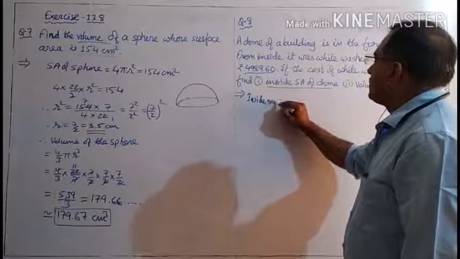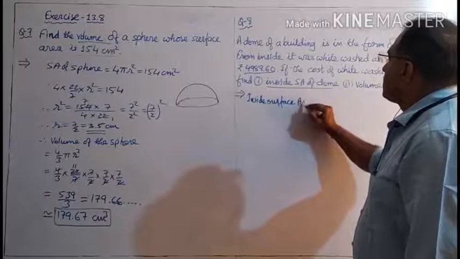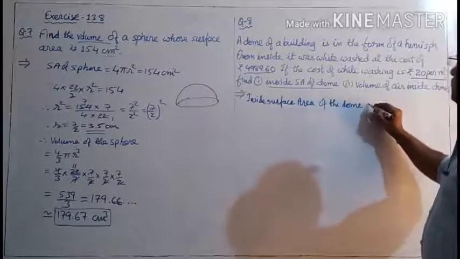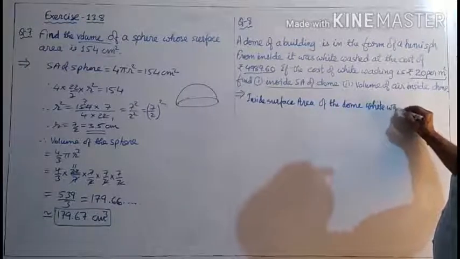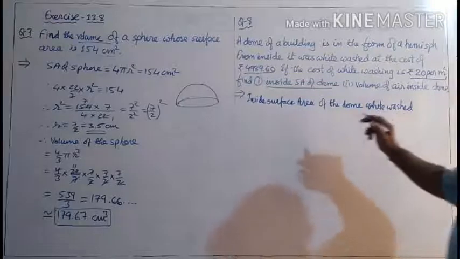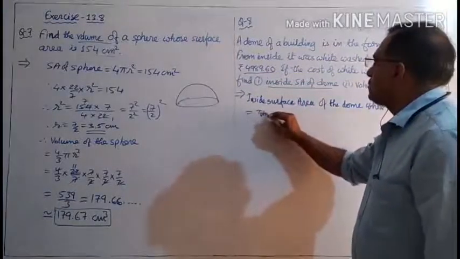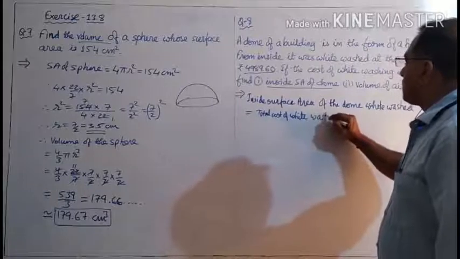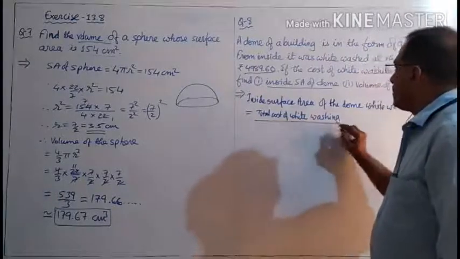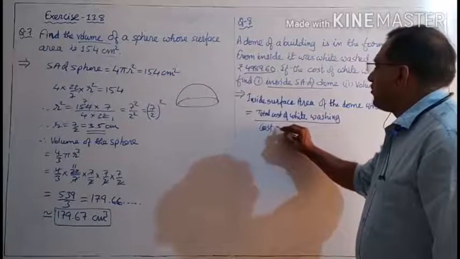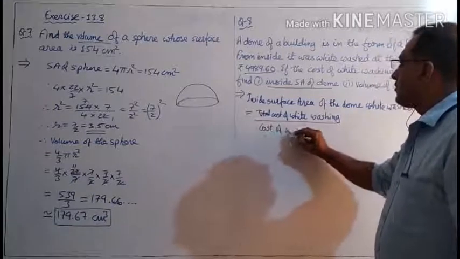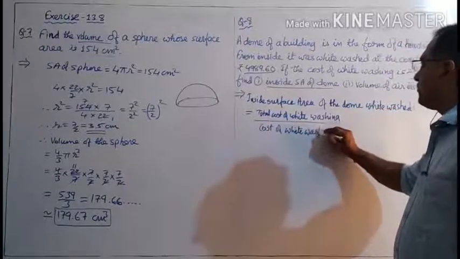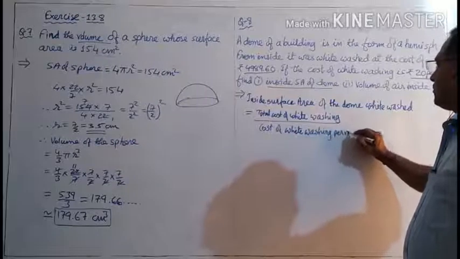inside surface area of the dome whitewashed is equal to total cost of whitewashing divided by cost of whitewashing per meter square.